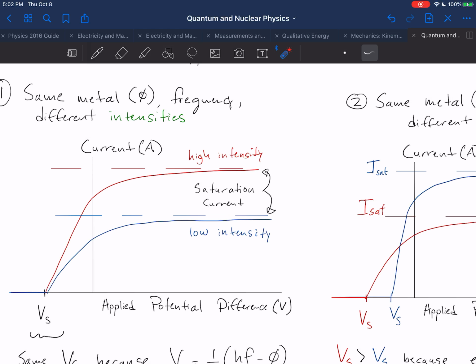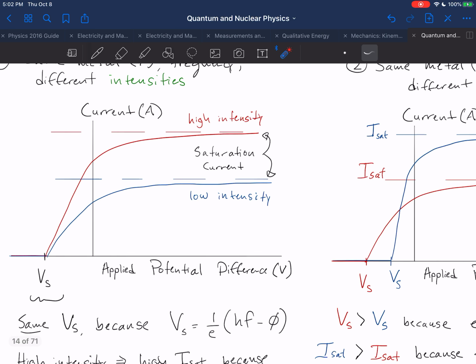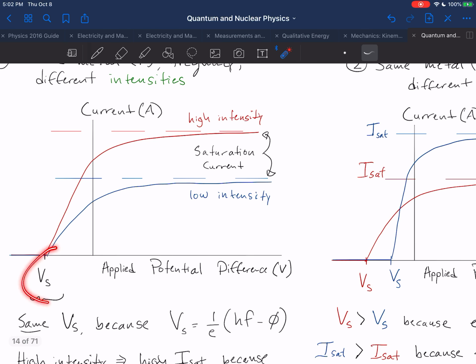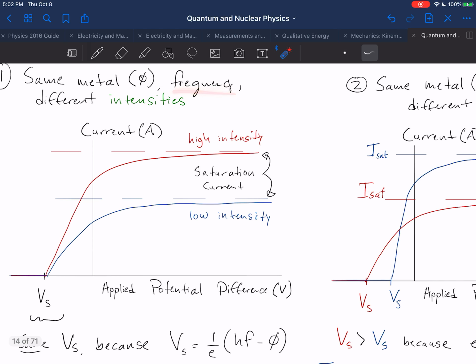Even if there's a higher intensity, those photons will give the electrons at most the same maximum kinetic energy. And as a result, you will measure the same stopping voltage. Notice that this will depend on the frequency, which we are keeping the same.